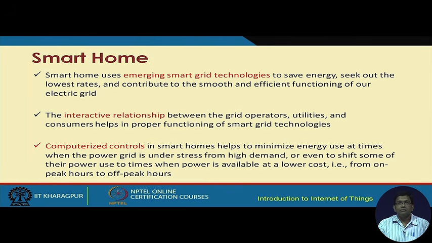So, power can be distributed between the on peak hours and the off peak hours, and that way the power distribution in a smart home can be rationalized so that the users benefit. They can have different appliances connected at different times of the day depending on whether it is a peak hour or an off peak hour.